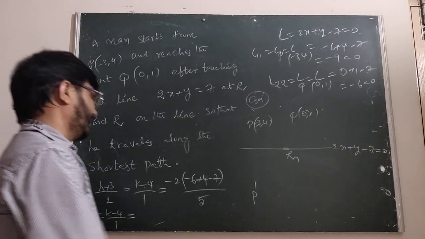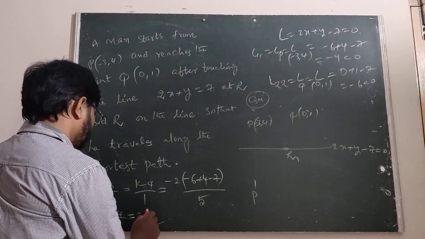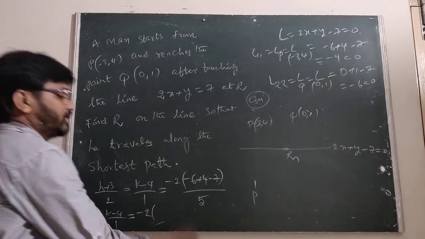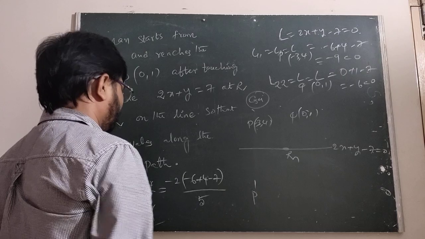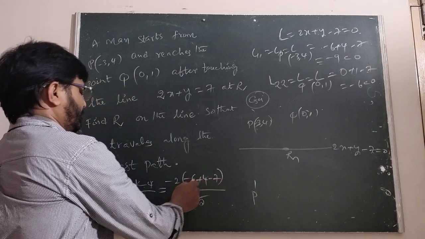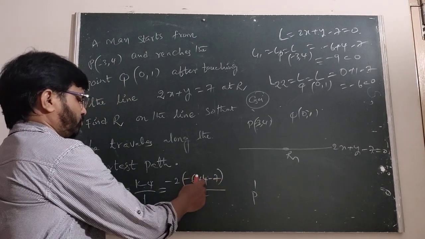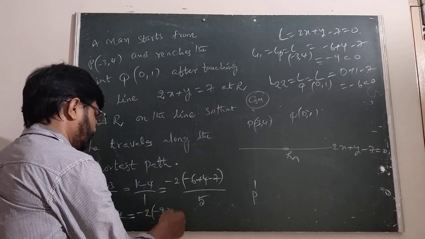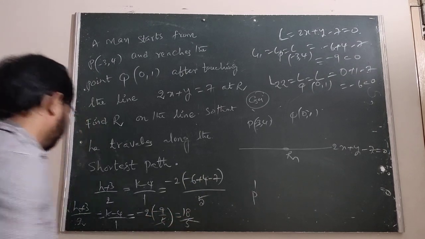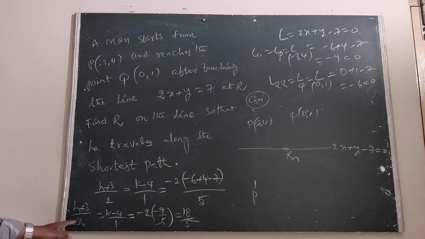Here we are getting minus 2 into, everybody look here, minus 2 minus 6 plus 4 minus 7, that is minus 9 by 5. This is 18 by 5.